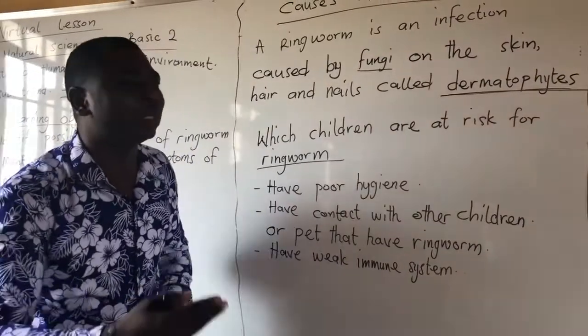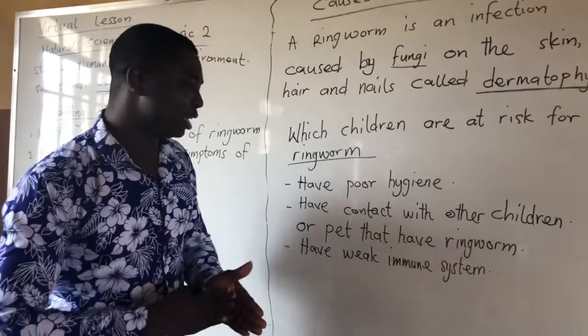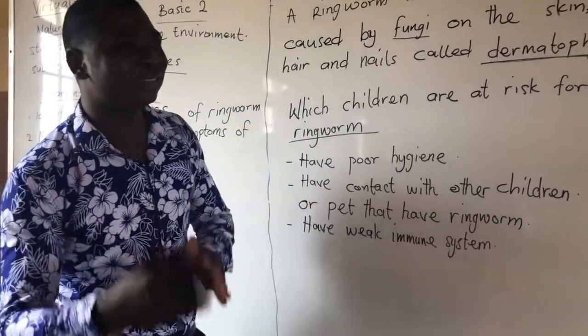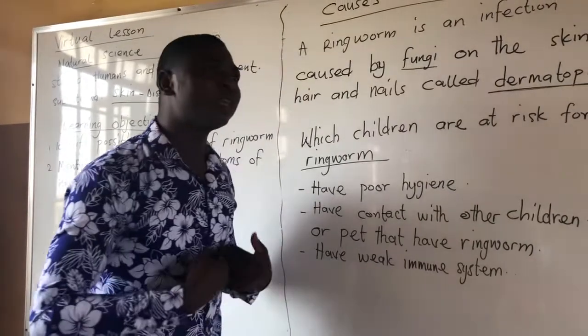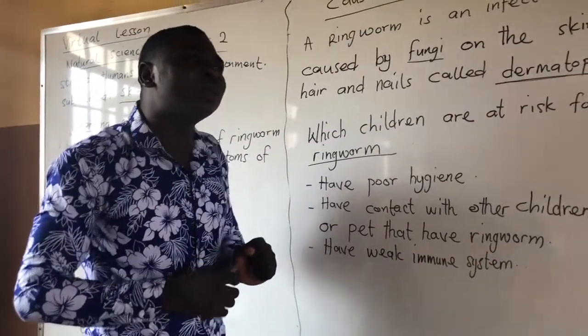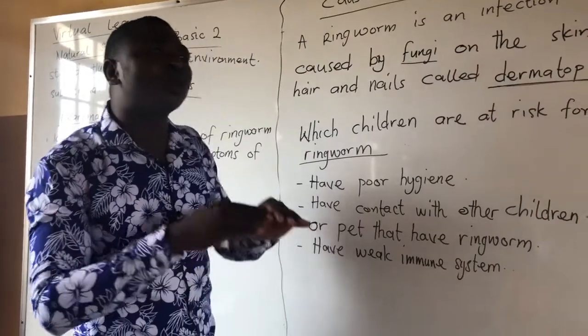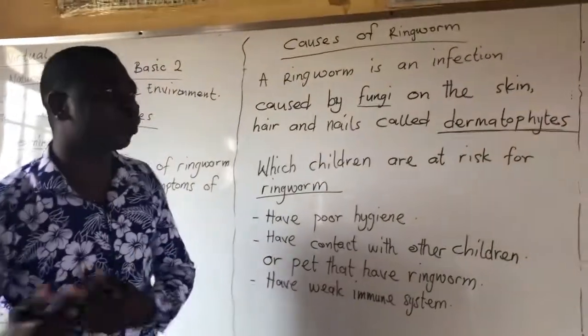And when your immune system is weak, meaning maybe you are not eating well, you are very weak, or you normally become sick, then you can easily get this type of disease.